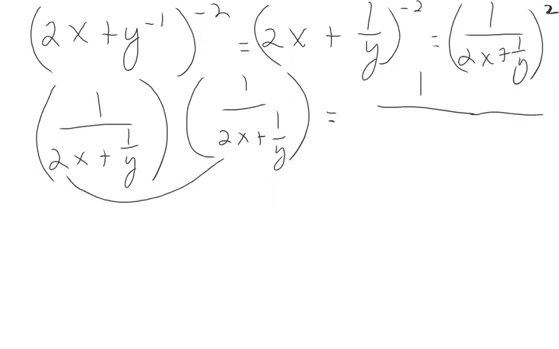So first, I get a 4x squared. Then my outer, so 2x times 1 over y becomes 2x over y. Now do my inner, and I again get a 2x over y. And then 1 over y times 1 over y is 1 over y squared.